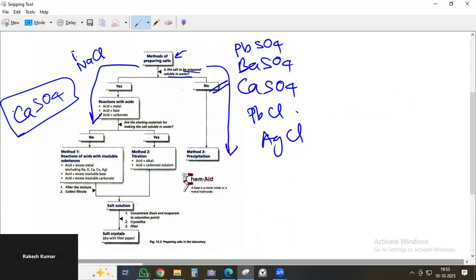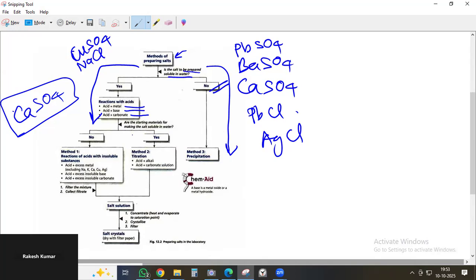CuSO4, if these are soluble salts. If they are insoluble, then we go this end. If they are soluble, then we have three options. Either you take acid plus metal, or acid plus base, or acid plus carbonate.